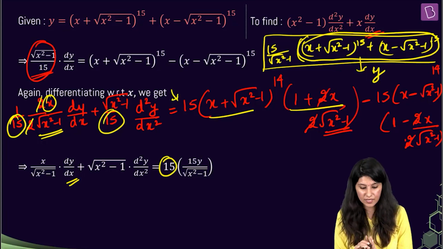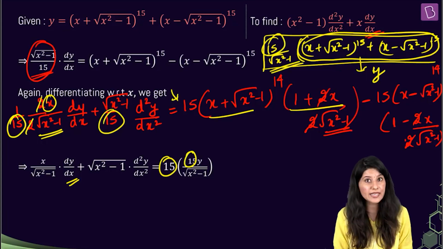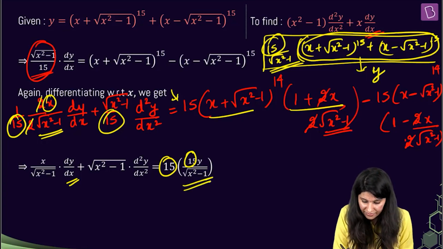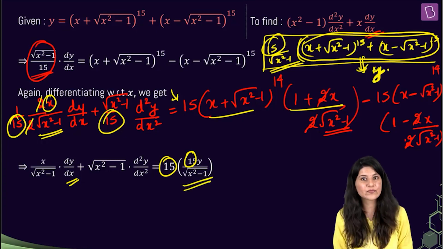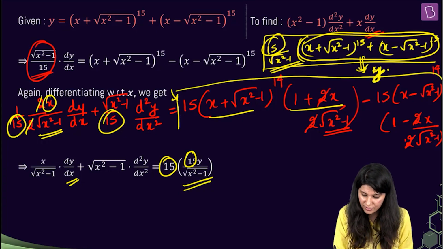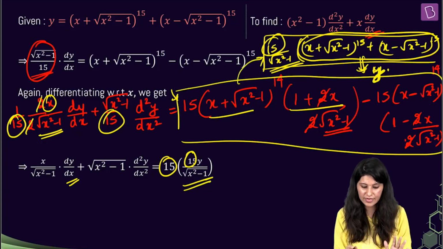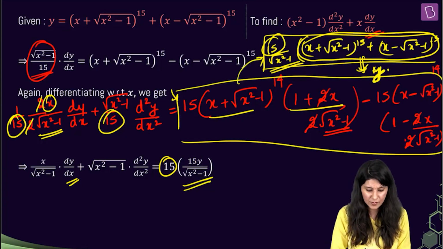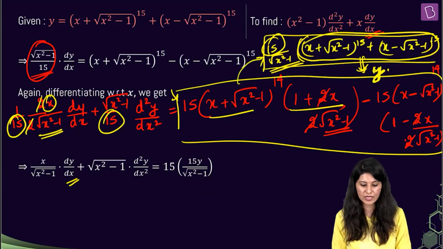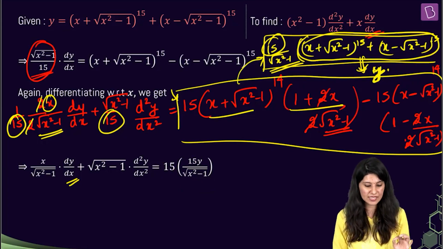So 15 is here. One more 15 I have taken common. Then root x square minus 1 is written over here, and this is replaced by y. This is your RHS. The whole RHS is this, just replaced by y. So the expression is boiled down, and two 15s are here.